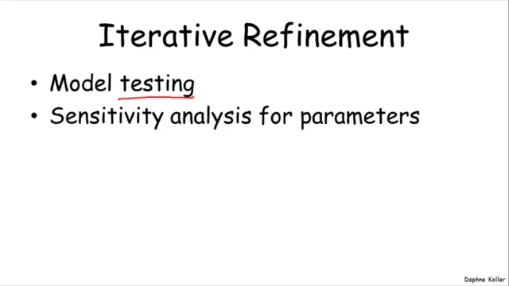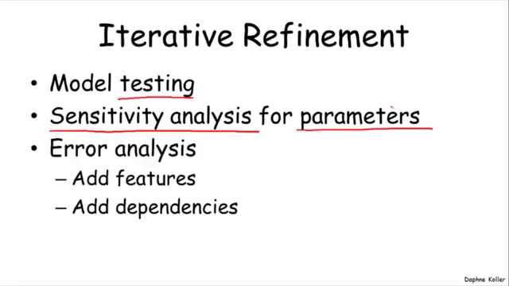There's also a suite of tools that do what's called sensitivity analysis, which means that one can look at a given query and ask which parameters have the biggest difference on the value of the query, and that means those are probably the ones that we should fine-tune in order to get the best results to the queries that we hear about.